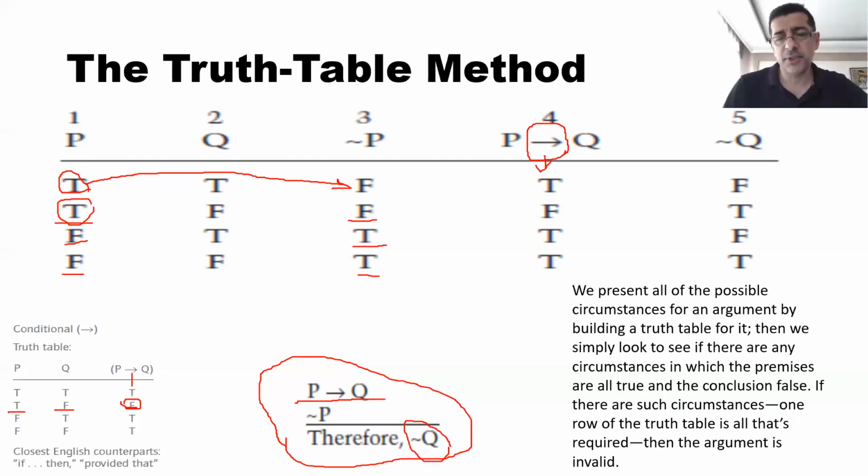Now we said that for P and Q, this arrow is only false when P, that is the antecedent, is true and the consequent is false. In any other cases, then it should be true. Is that right? That's right. Okay.